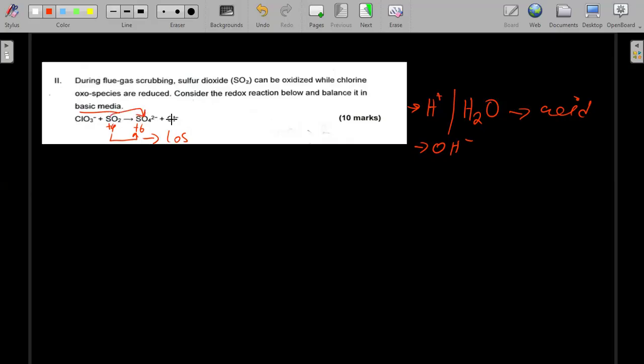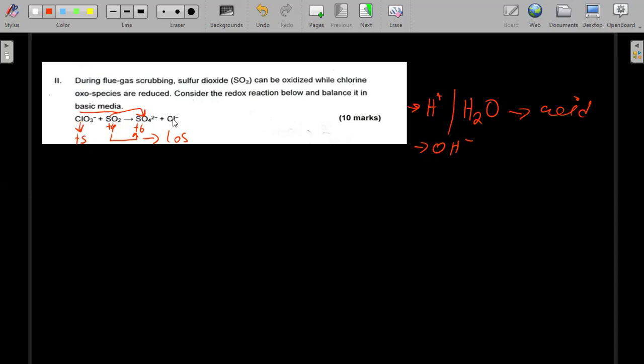Then if you check the other one, we have a chlorine oxo species and we have chlorine. If you calculate the oxidation number for chlorine in the chlorine oxo species, you're going to notice that the oxidation number is positive 5.